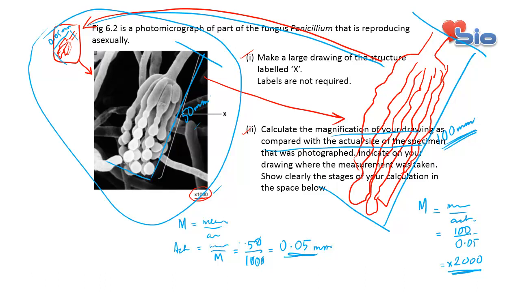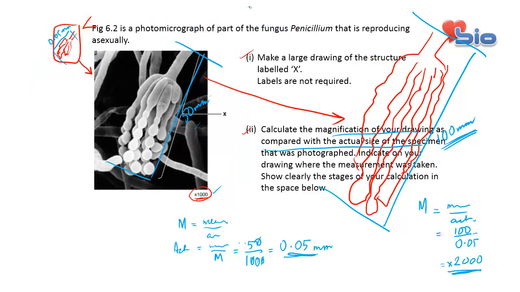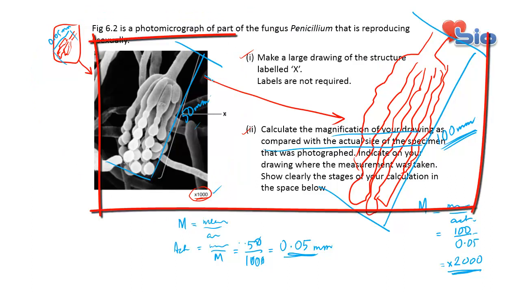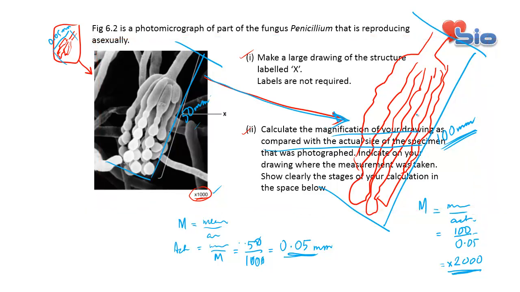Okay, another shortcut that some of you may have thought of using, if you're able to understand this, great, otherwise ignore it, is that you will calculate only this magnification. You've got your diagram. I'll use a different color to show this so you don't get confused. If you've understood this method, please go ahead with this. But another way you could have also done it perhaps is your diagram has been magnified 100 upon 50.